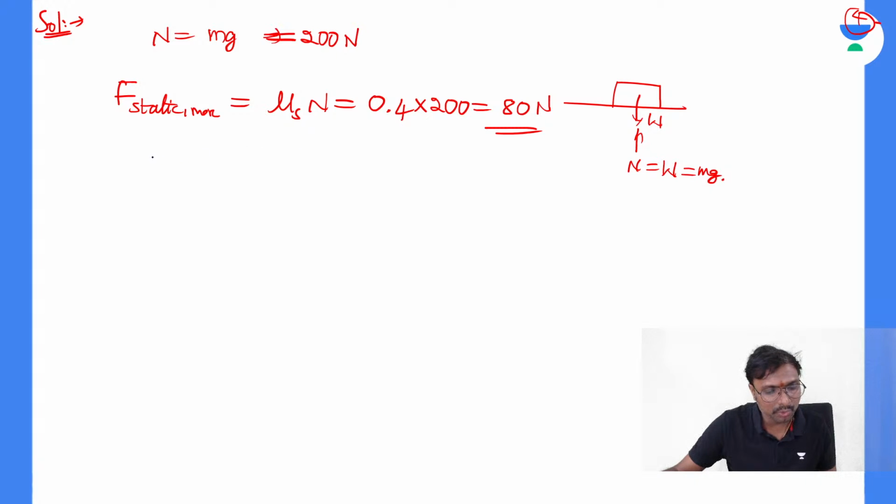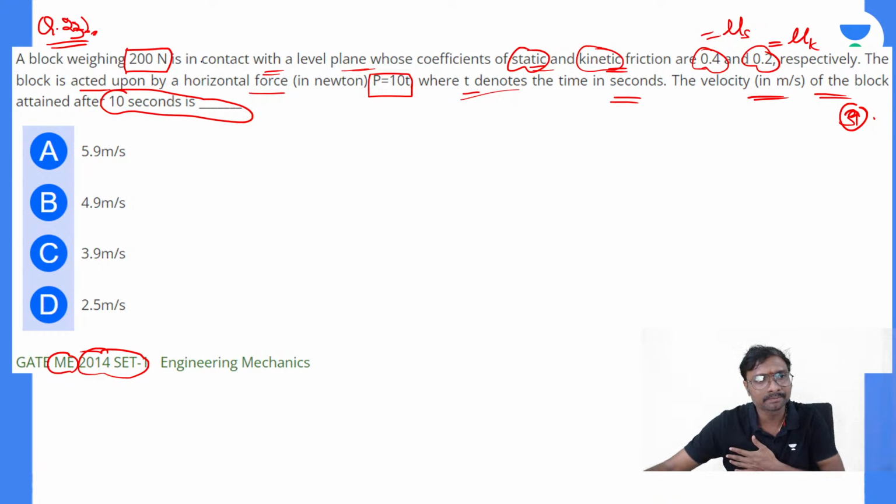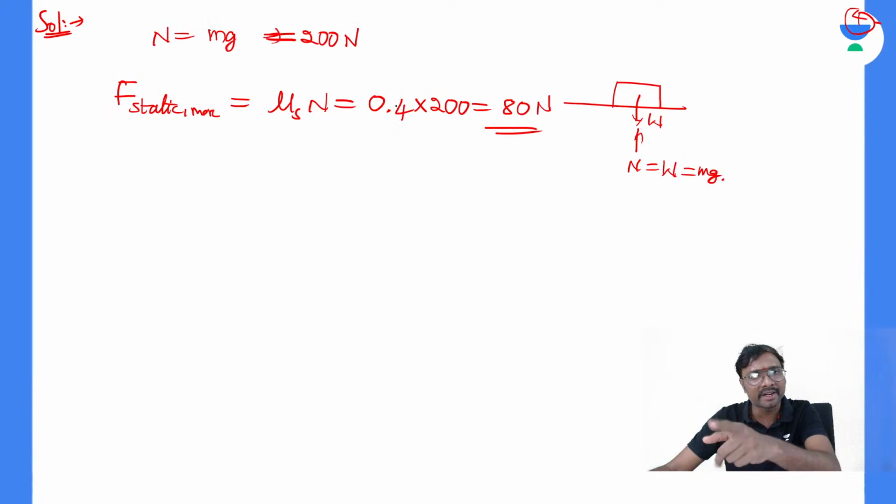So now, up to 8 seconds: the block is acted upon by a horizontal force P equal to 10t. Static friction means no motion; whenever there is motion, you consider kinetic friction.